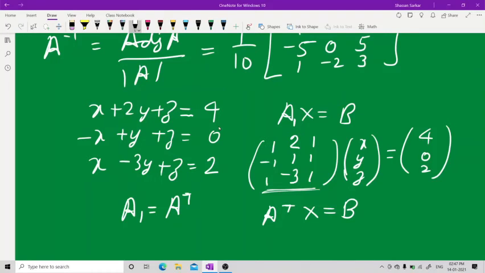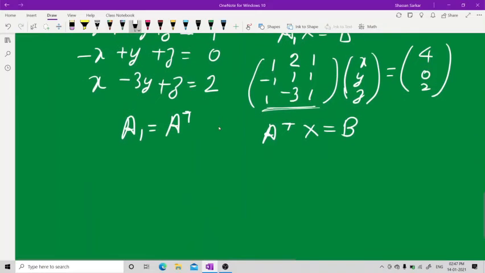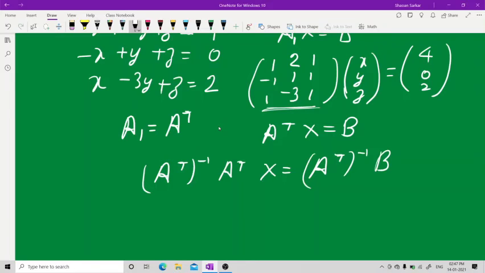Now I will take inverse on both sides of A transpose. A transpose whole inverse, I'll multiply by this. A transpose X is equal to A transpose whole inverse B. So this will become identity.